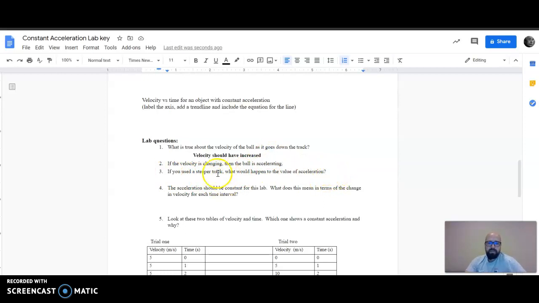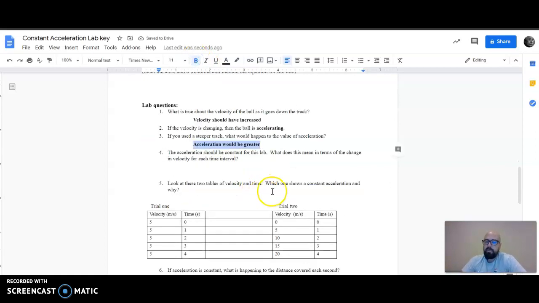Then here, I think everybody got this one right, but if you used a steeper track, what would happen to the value of acceleration? If I went from something like this to something like this, acceleration would be greater. So it would speed up faster on a steeper ramp.